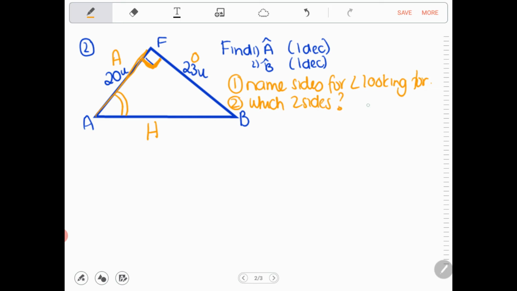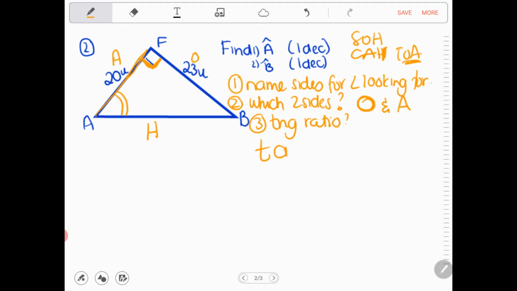I have the opposite, FB, and I have the adjacent, FA. So which trig ratio am I going to use? SOHCAHTOA. Opposite and adjacent, I would be using tan.